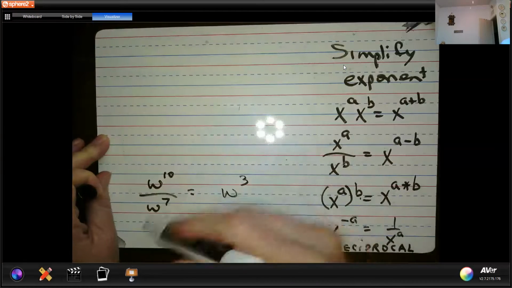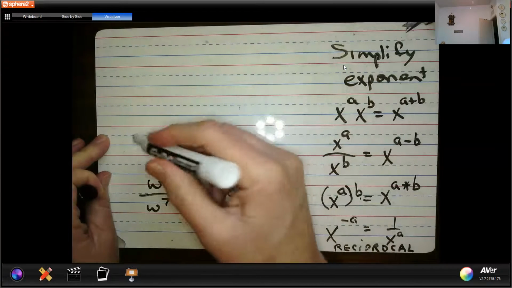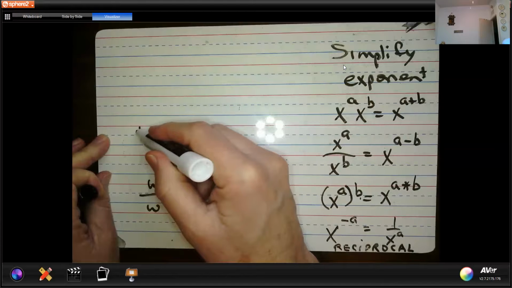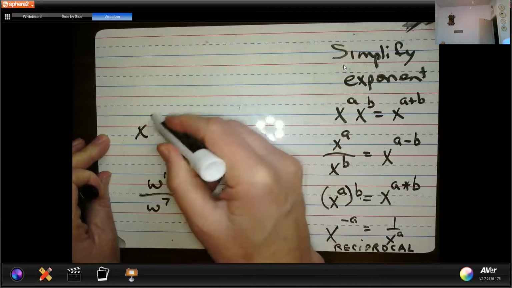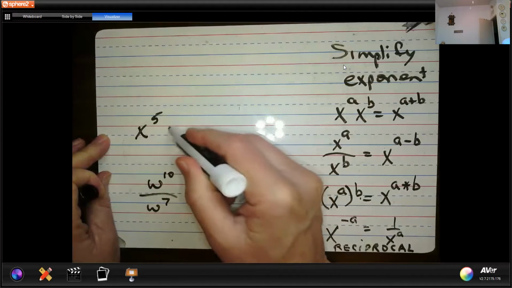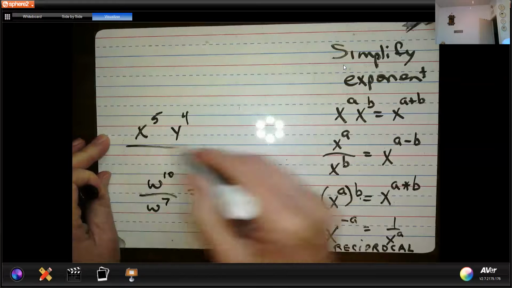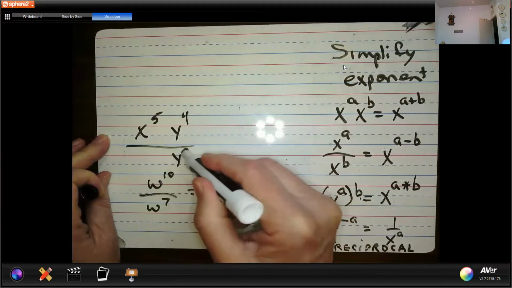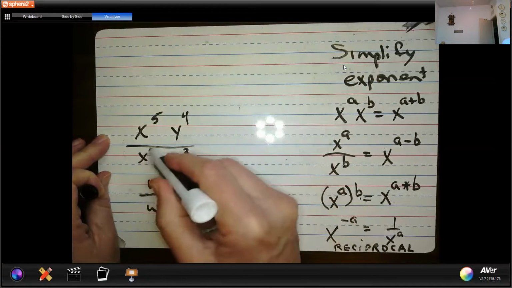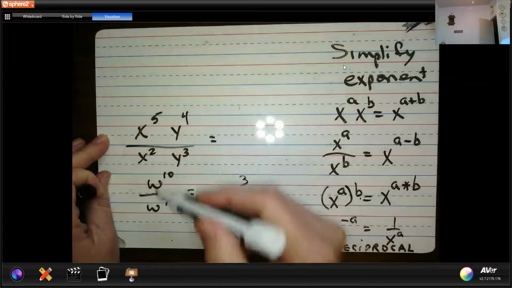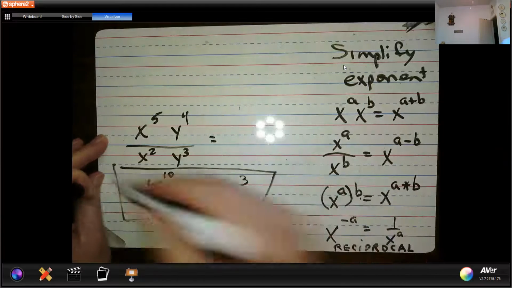Let's keep going. What if I had more than one letter there? What if I had x to the 5 and y to the 4 over y to the 3 and x to the 2, like that? What if I had a fraction that looked like that?